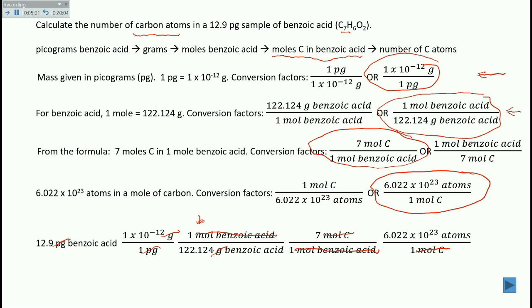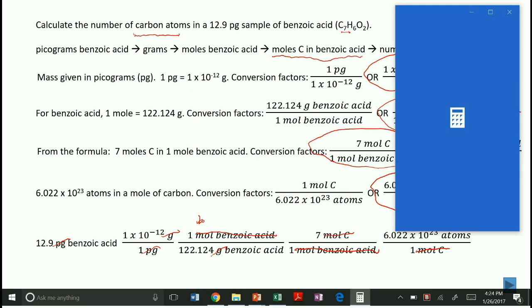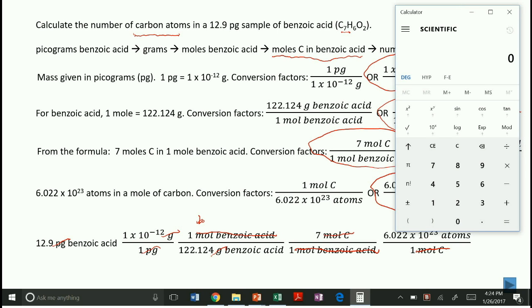The last thing to do is then to complete the calculation. I'm going to do that. So the first thing I input is 12.9. There's my 12.9. I'm going to multiply that by 1 EE 12, and I need minus, so there's that.